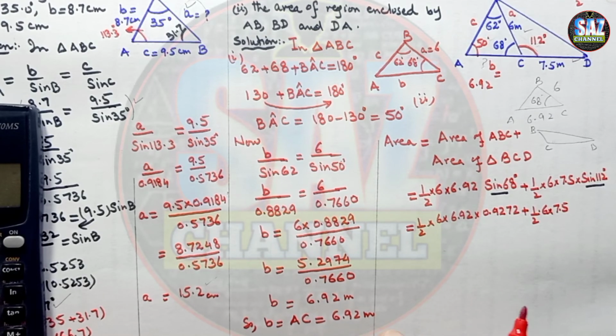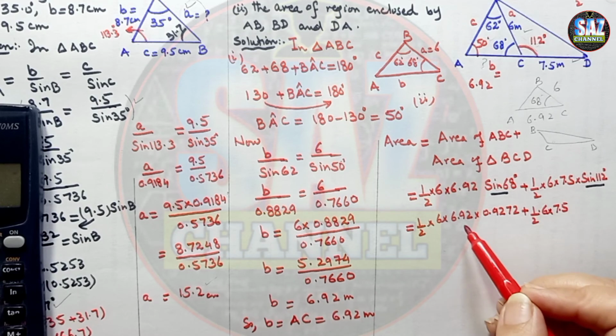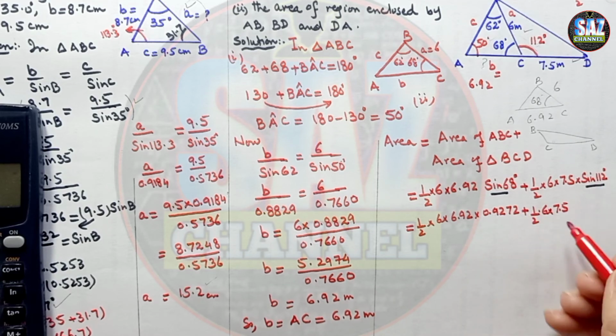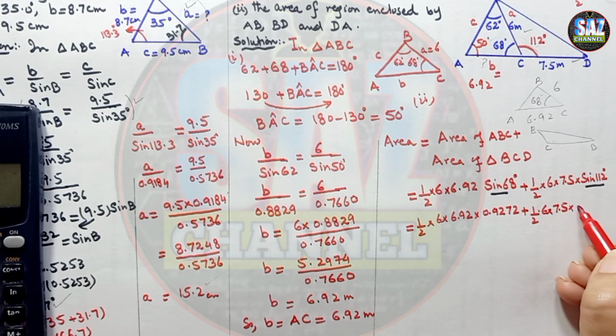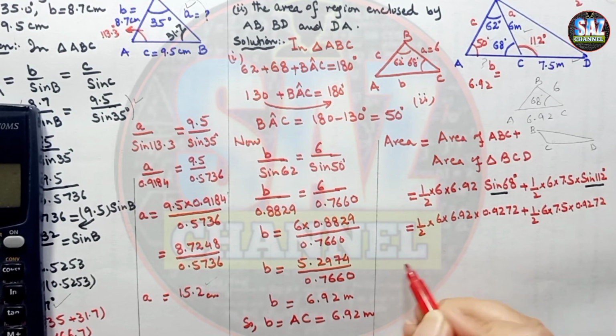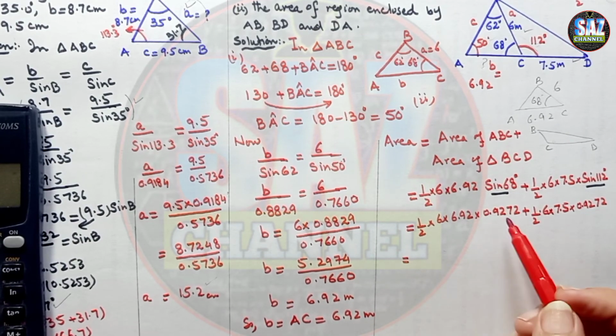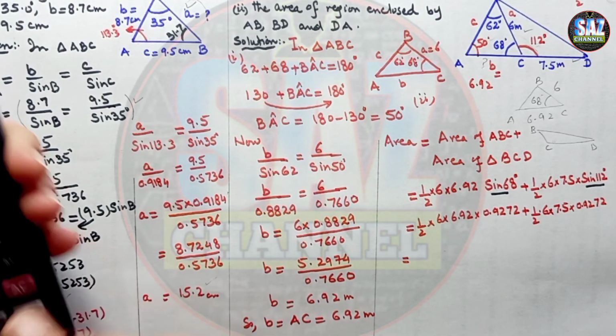This is also 0.9272, because the sine of acute and obtuse angles are the same.